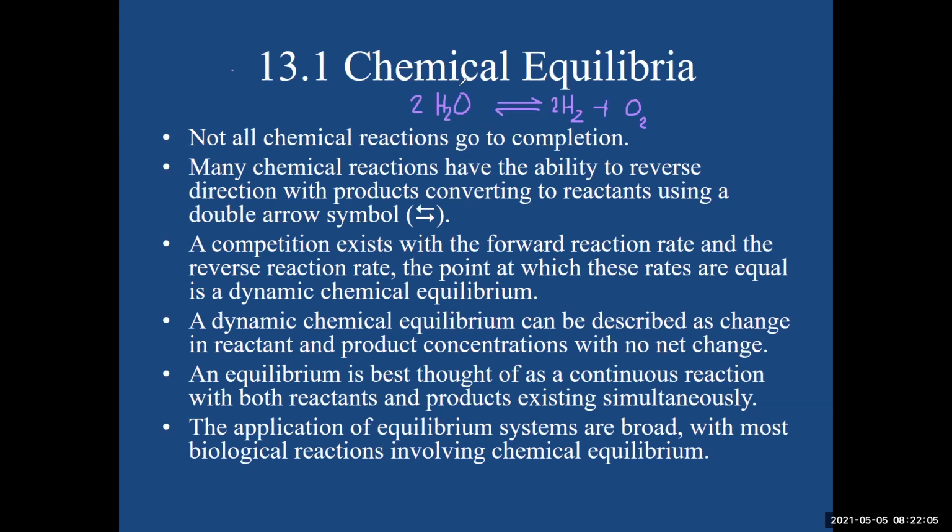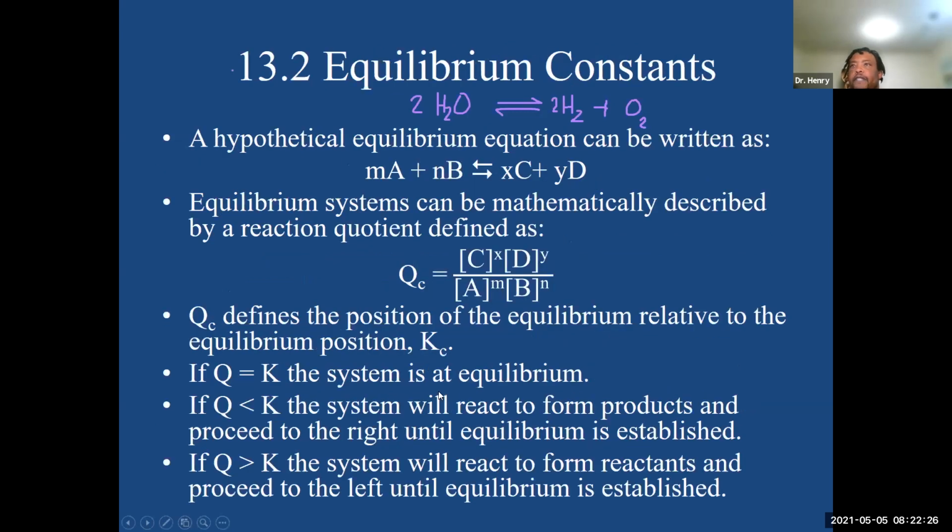Yeah. Mhm. So let me show you what it means mathematically, right? Because then you start seeing the mathematical connotation, it'll start making a little more sense. Okay, so here's our hypothetical equation.